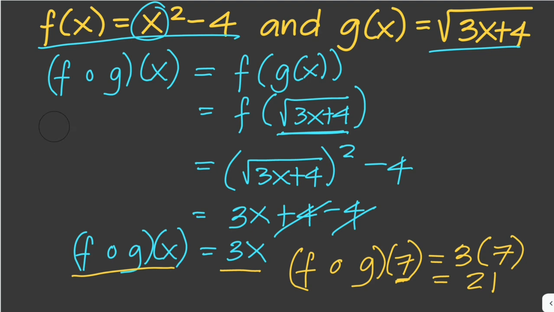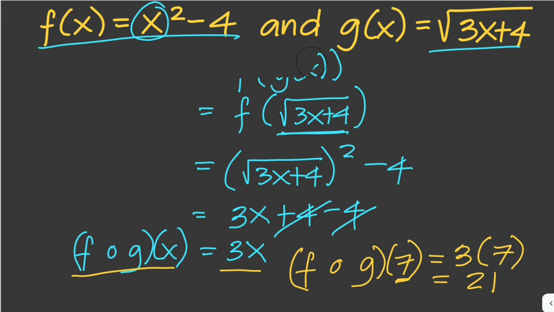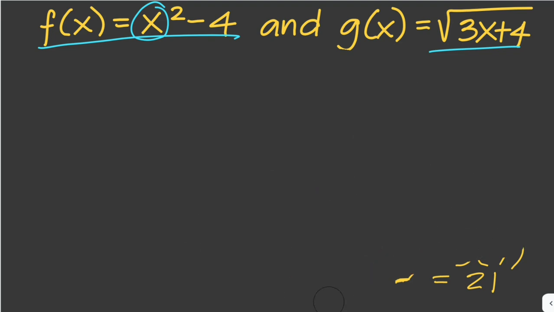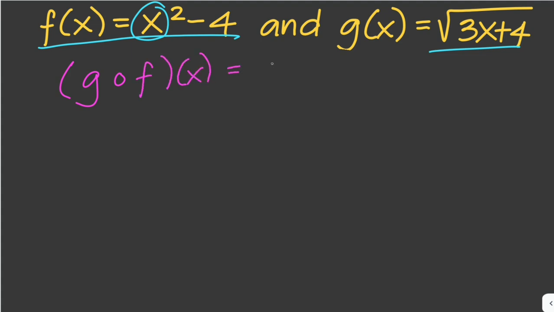Now let's solve for g of f of x. This is just equivalent to g as a function of f of x. So our domain here is the whole function f of x.